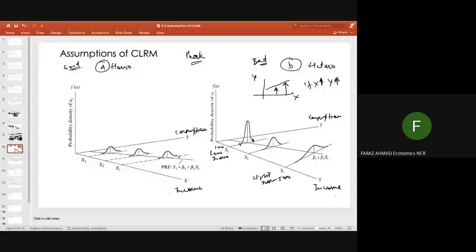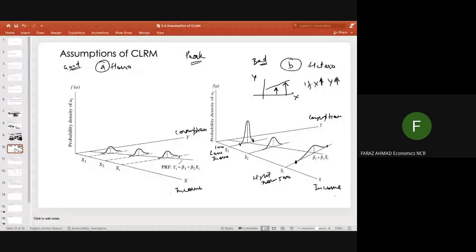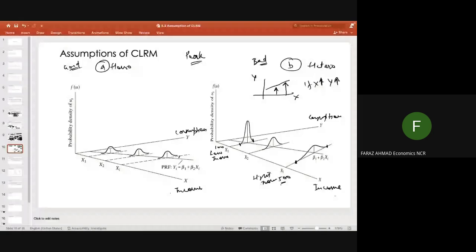But for people who have high income, there can be people out of them who are consuming very less, and there are people who are consuming a great part of their income, so their consumption is very high also. So we have all sorts of people in the bracket of 500 income, those who are consuming a little part of their income, like only 100, and there are some people who are consuming most part of their income, for example 490.